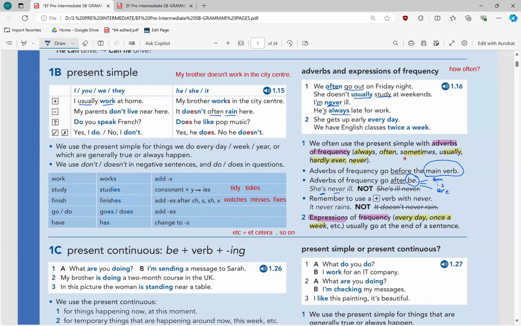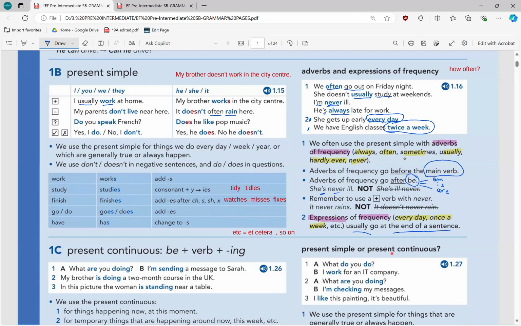Now, what about expressions of frequency? As you can see, they usually go at the end of the sentence. Like every day. Look, at the end. We're putting every day at the end. She gets up early every day. Or we have English classes twice a week. You see, that's the position. It's not written here, but we can also put them at the beginning if I want.